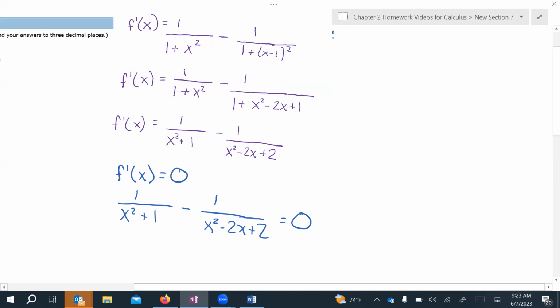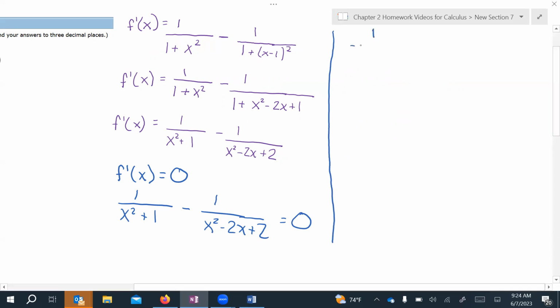We don't need to combine it. I was going to start combining them into a single rational expression, but I realized nothing really factors or simplifies. So for right now, I'm just going to look at for what values of x the derivative equals 0.